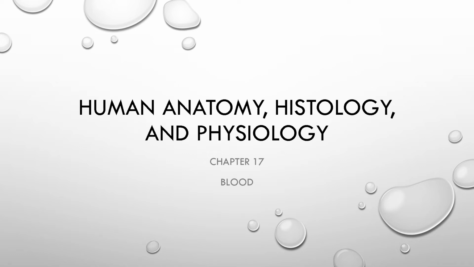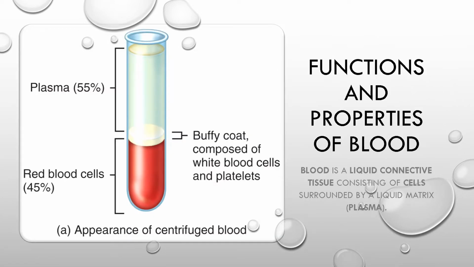We're going to be starting on chapter 17, where we are going to be discussing the blood. Most cells of a multicellular organism can't move around to obtain oxygen and nutrients or to eliminate carbon dioxide and other wastes. So instead, these needs are met by two fluids, blood and interstitial fluid.